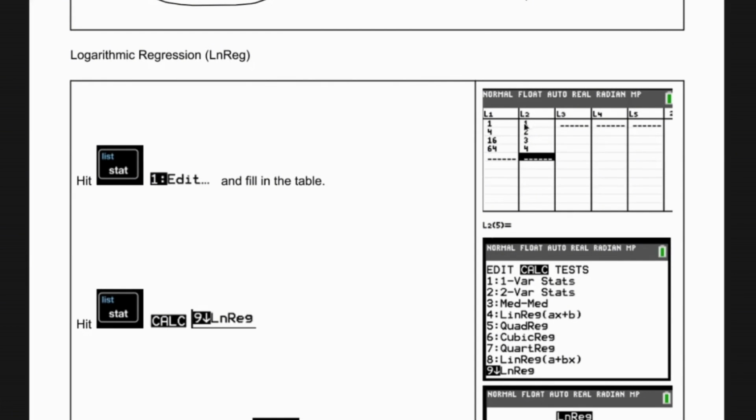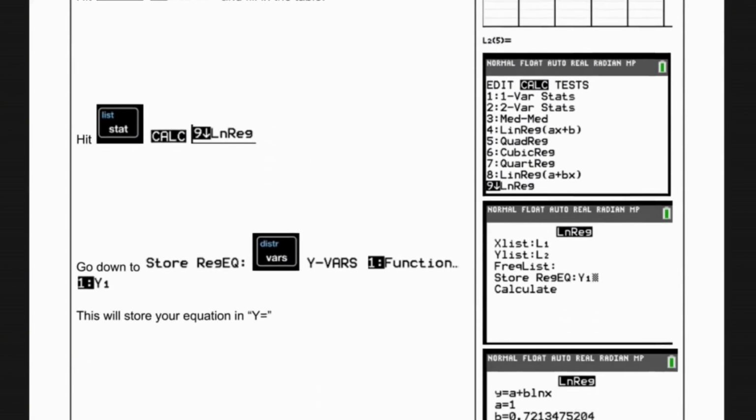The X values go into L1, the Y values go into L2. When you're done, you're going to hit stat, move over to calc, and go to 9, which is ln reg, logarithmic regression.